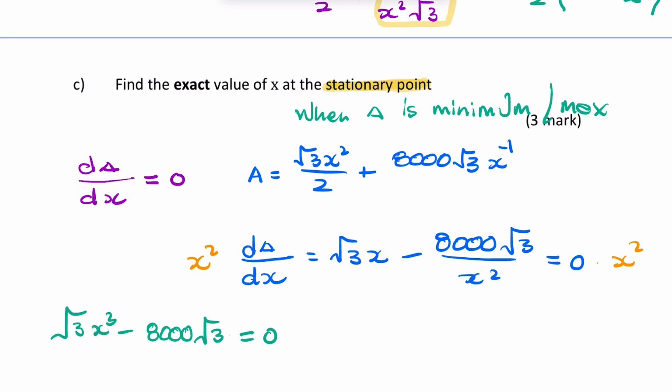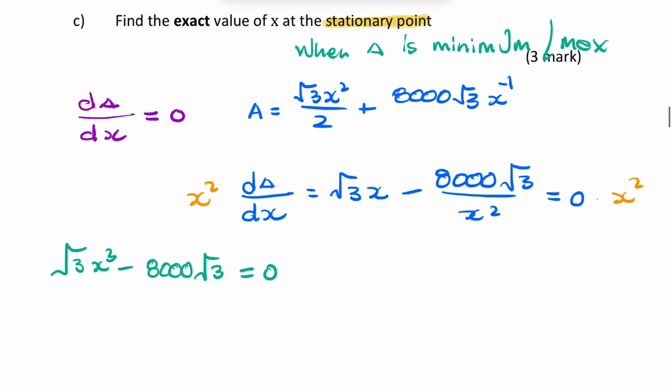So it looks like a cubic, but because there's only one term containing x, it's not too bad. So if you move this to the other side, that'll give you that. And if you divide both sides by root 3, you get that. So x will be the cube root of 8,000.